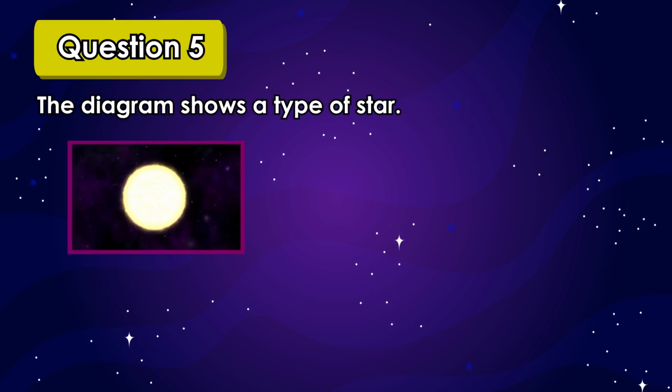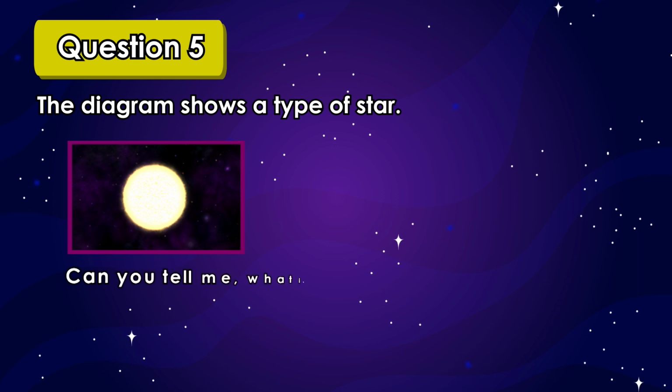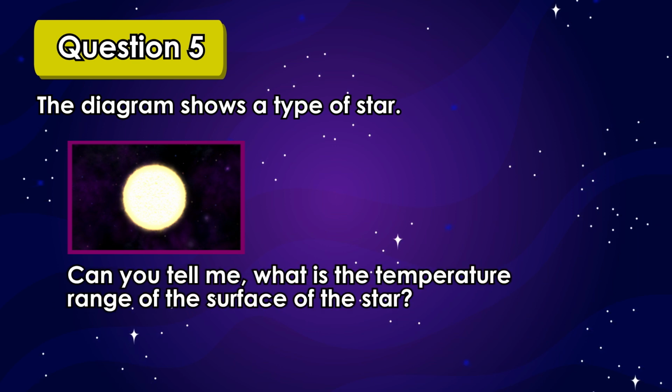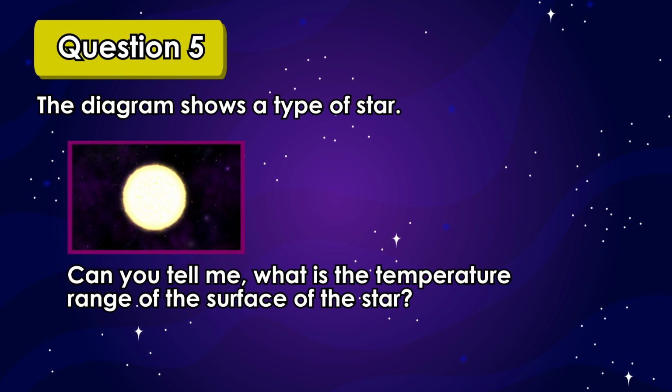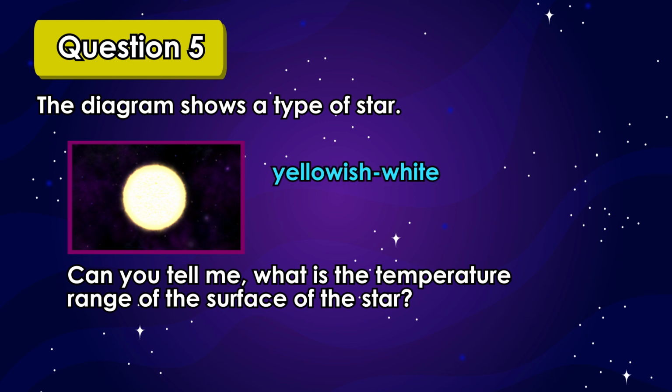Question number 5. The diagram shows a type of star. Can you tell me what is the temperature range of the surface of the star? To know the surface temperature of the star shown, first let us see what color the star is. Yes, you are right. It is yellowish white in color.